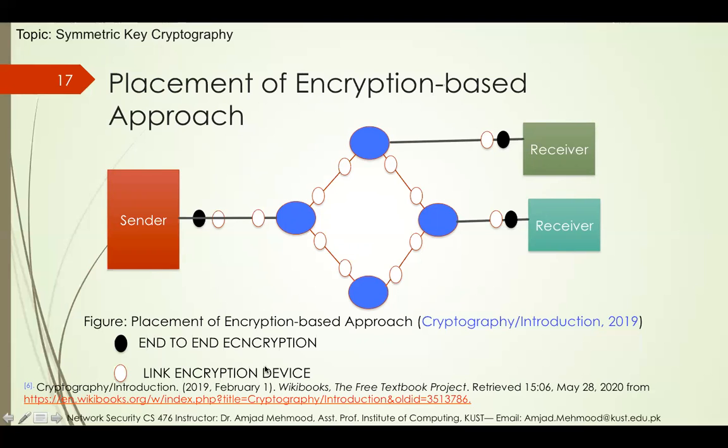Whereas in link encryption, the sender encrypts, and on each link encryption and decryption are performed. The sender encrypts, on each link this is decrypted, and when it goes to the next link it is encrypted again, and on the receiver side of the link it is decrypted. So on each link this encryption and decryption process is performed.